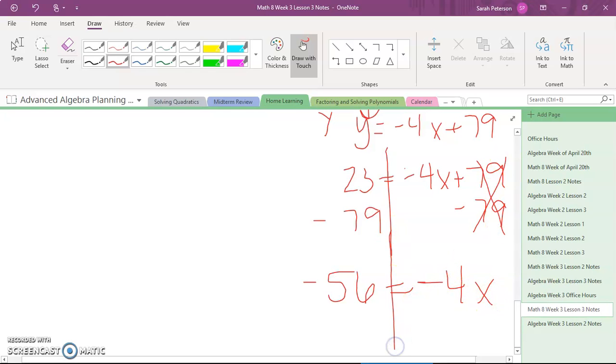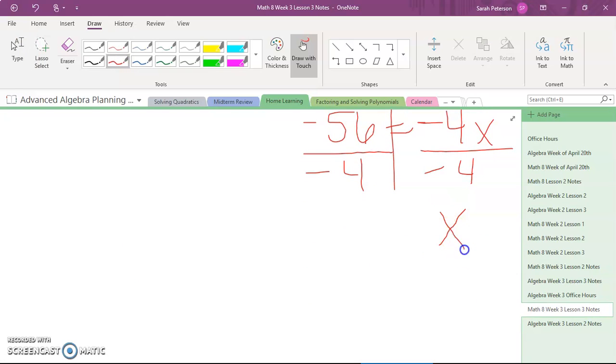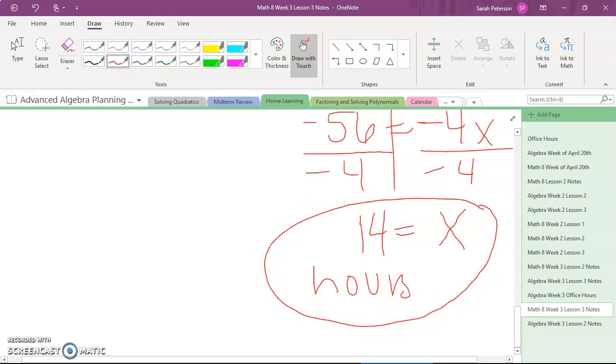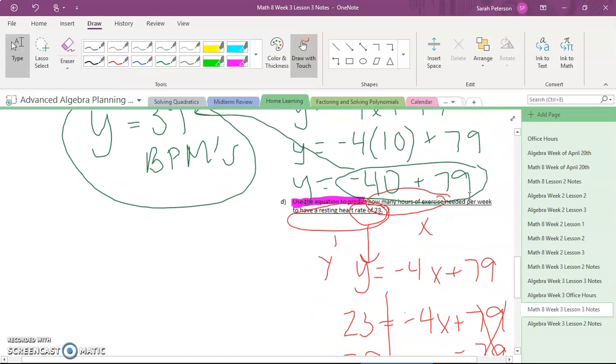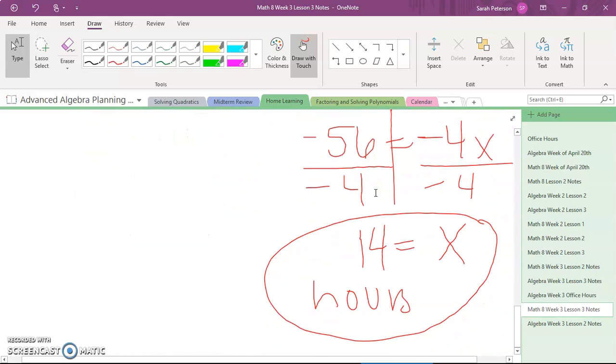Then I divide both sides by negative 4. And I get x equals 14, which means it takes 14 hours of exercise per week to have a heart rate of 23 BPMs.